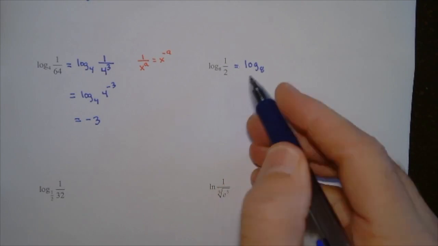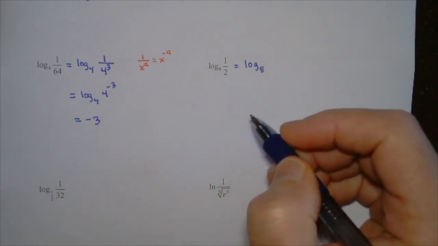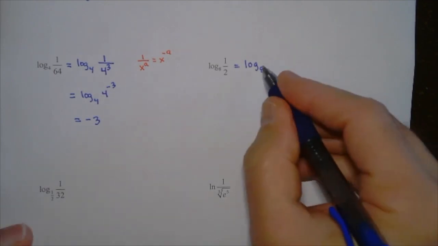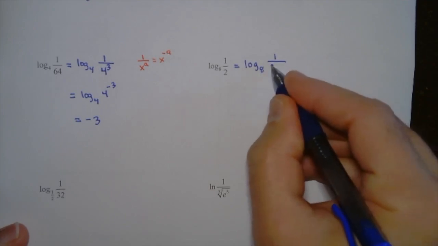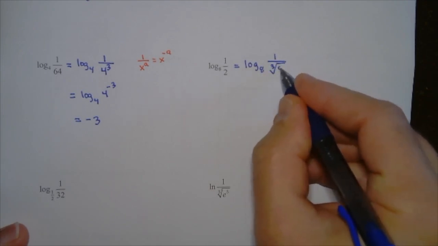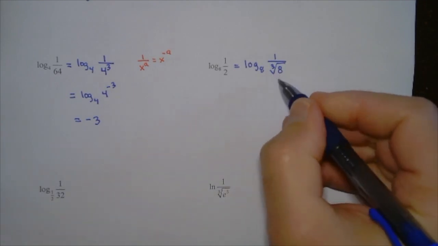We want to rewrite it so this has 8 in it somehow. If you think about this, the cube root of 8 is 2. So what we're going to do is rewrite this as 1 over the cube root of 8.